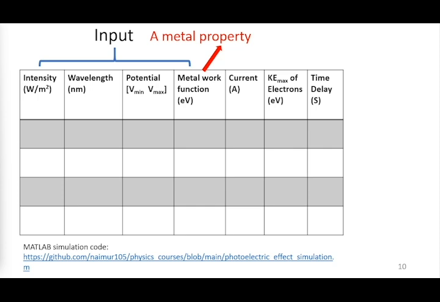It's equivalent to changing the metal surface. Like one time I can use a gold surface, or another time we can use a silver surface, but I'll go into this later. And we can observe these outputs such as currents, maximum kinetic energy, and the time delay.